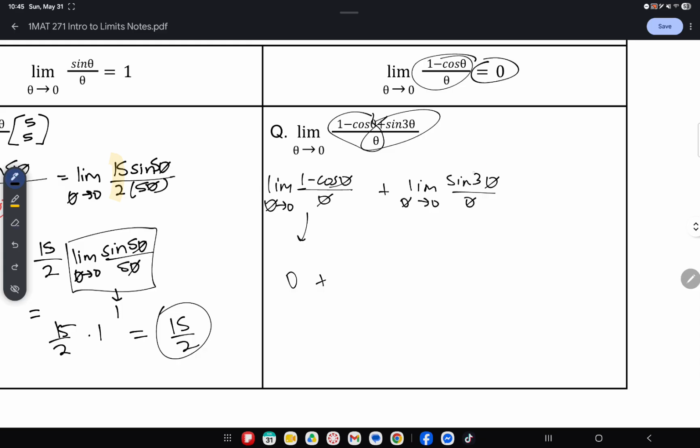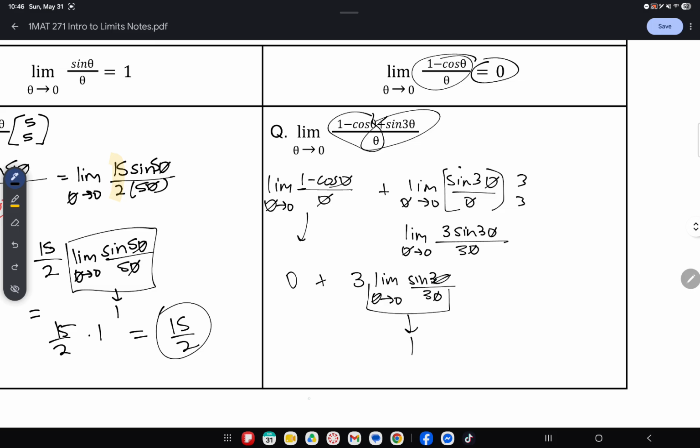Sine of theta over theta. So I need to multiply them both by 3 so that they match. So I get the limit as theta goes to 0 for 3 sine of 3 theta over 3 theta. 3 is that multiplier. So the limit as theta goes to 0 of sine of 3 theta over 3 theta goes to 1. So I've got 0 plus 3 times 1, which is just 3.